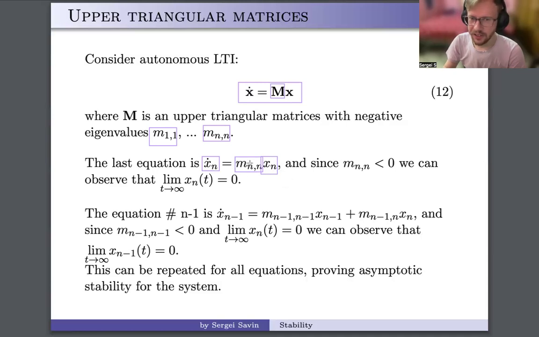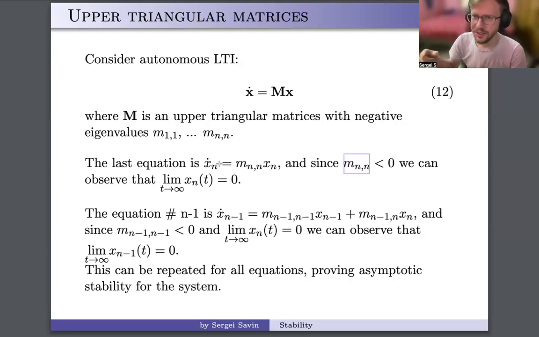So the last equation is like this, right? Now, since m sub n is negative, we can solve this equation, and we know the solution. The solution is xn of t equal to a constant times exponent of m sub n times t.